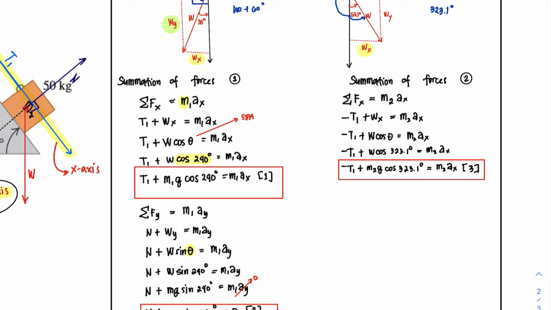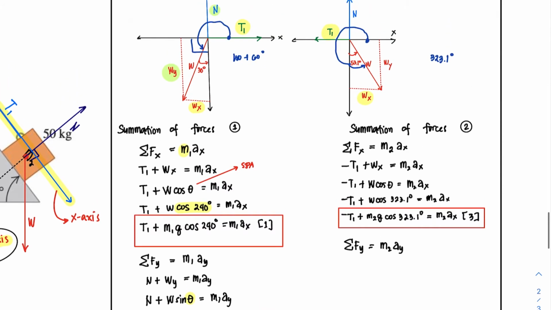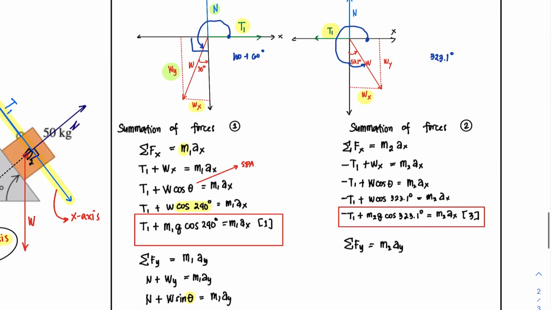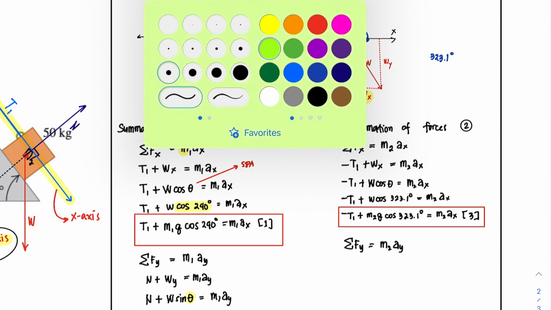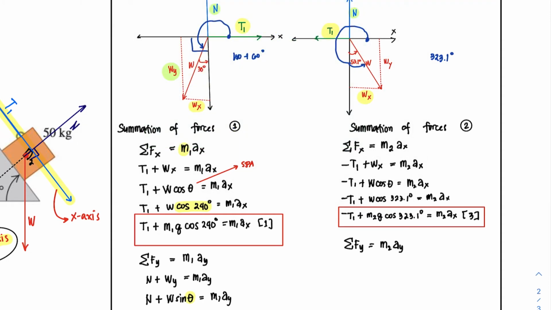All right, so we are down to the last one. We take the sum of the forces along y on body 2 is equal to m2 acceleration along y. Now, what are the forces again existing on the y-axis? Firstly, it's very clear that you have your normal force going up, so you write that one as N plus your W sub y.